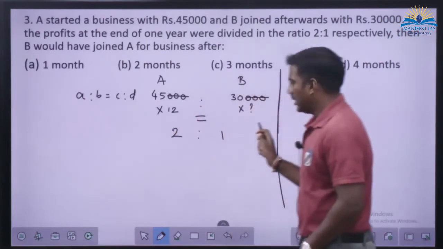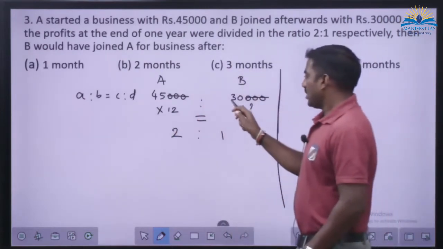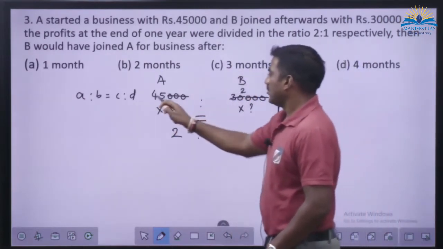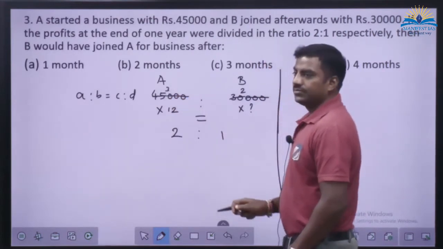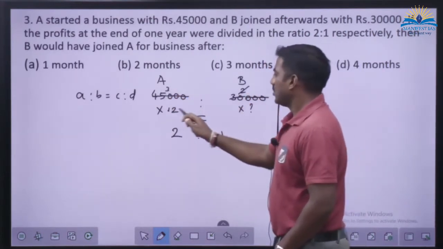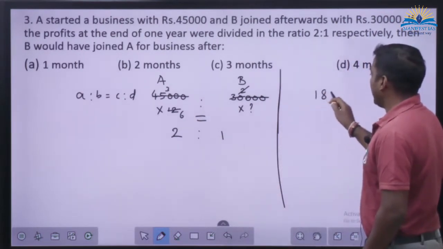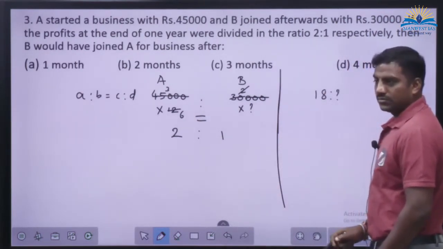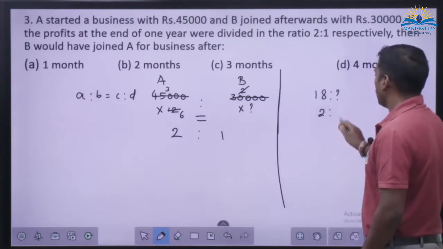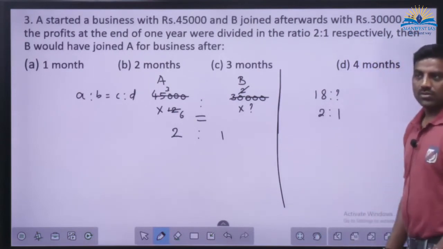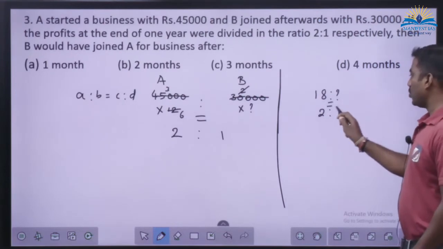Just like that only I have done. Okay. Now, 15 twos are 30, 15 threes are 45, 2 ones are 2, 6... So finally it becomes 18 is to what is equal to 2 is to 1.